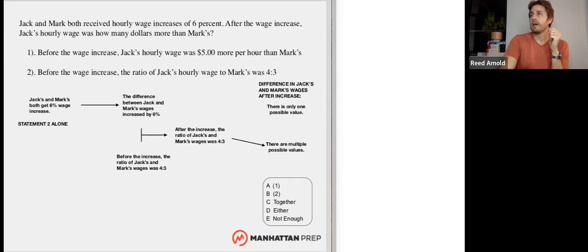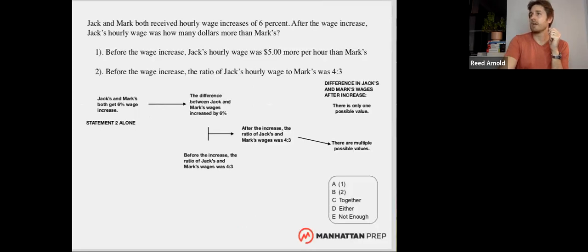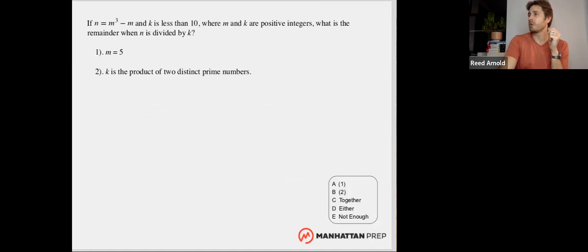Let's take a look now at this data sufficiency question here. Oh, that's the one I just did. Take a look at this question here. Take 2 minutes.